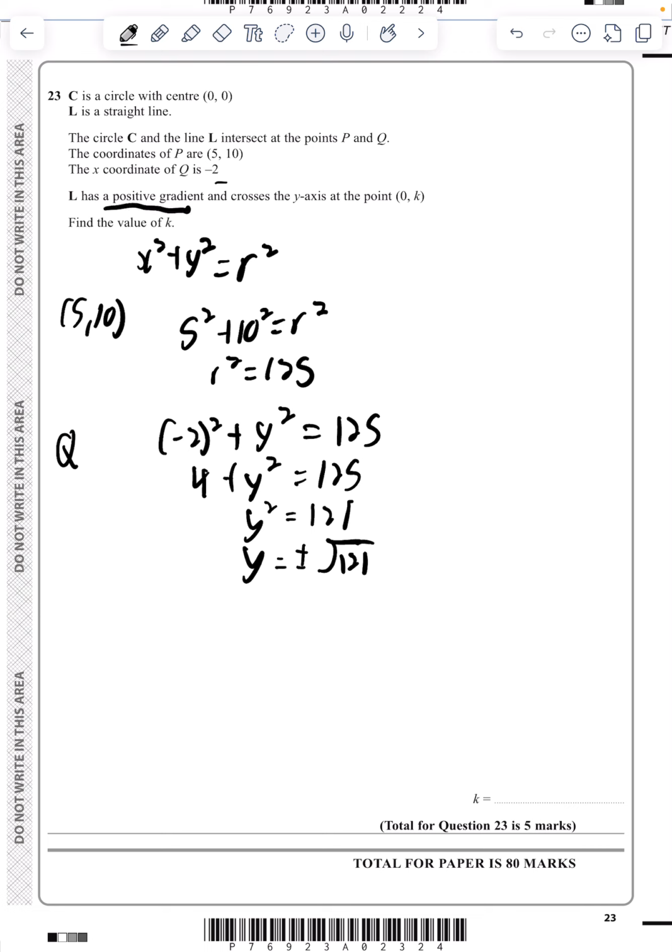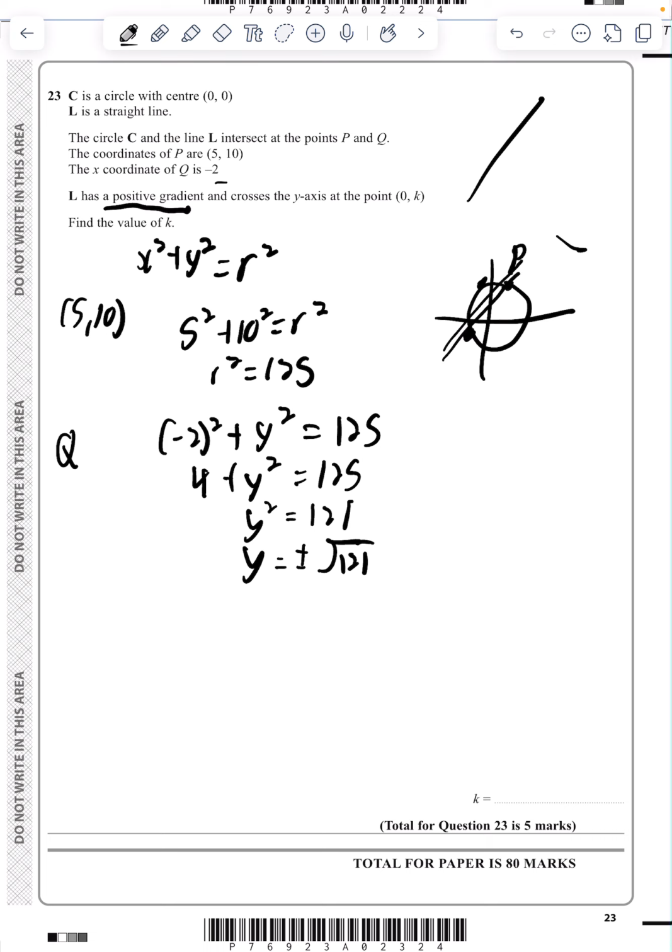Now this is probably where it helps to draw, which is not my greatest point, but if one is 5, 10, that's coordinate P, a positive gradient is that way. And this is minus 2. So either minus 2, 11, which might be higher up if my circle's better, but it can't be because that's that way. But if it's this way, the gradient would be there. And L is the line that intersects them.